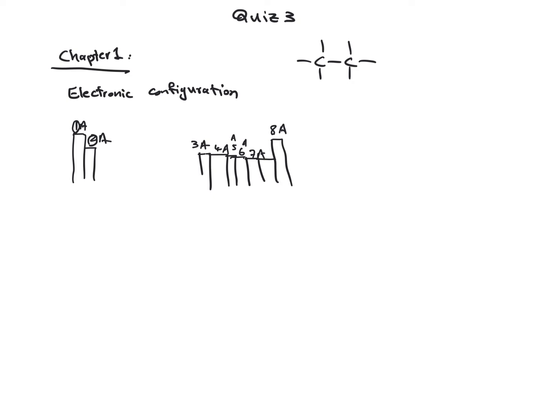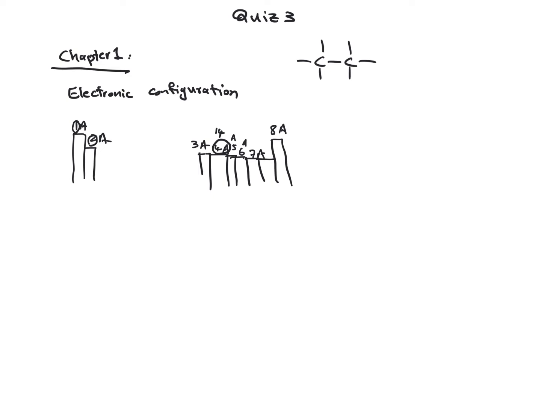In this class, we're mostly interested in carbon and carbon compounds, okay? So we are in group 4A, and the other naming system is 14, because it counts from 1A, 2, 1, 2, 3, 4, 5, 6, 7, 8, 9, 10, 11, 12, 13, 14, right?